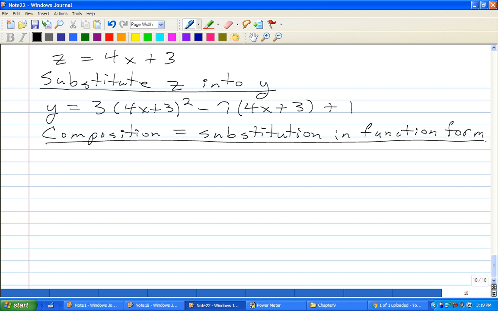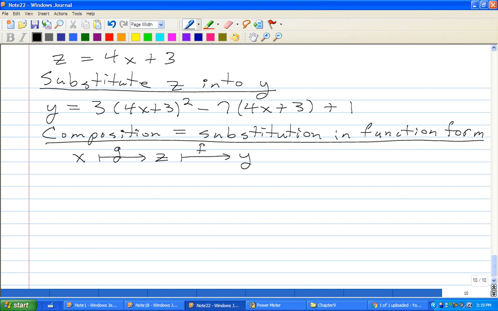Okay, and so say we have some x, and I have z, and I have some rule g that takes x and gives me z. And suppose I have another rule f that takes z and gives me y.